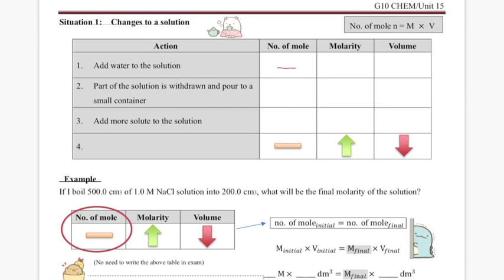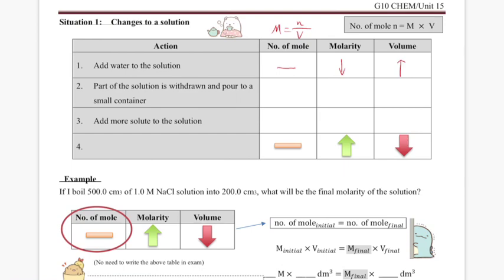We're adding more solvent to it, so the total volume of the solution should increase. And how about the molarity? Remember, the molarity is calculated by dividing the number of moles over the volume. Here, the number of moles stayed the same, but the volume increased, so the molarity should decrease.